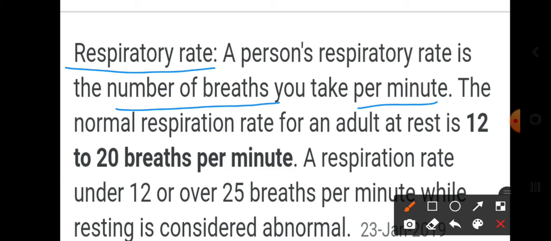Normally the respiratory rate of an adult is 12 to 20 breaths per minute. In a healthy adult human being at rest, it is about 12 to 20 breaths per minute.